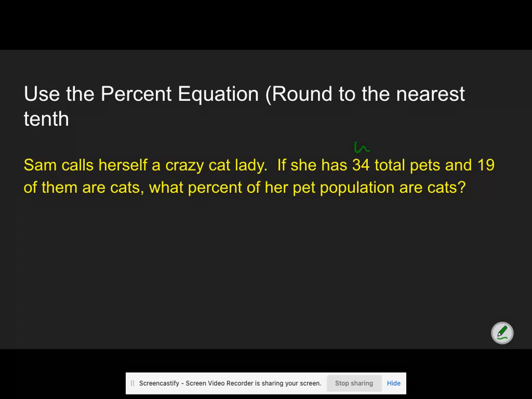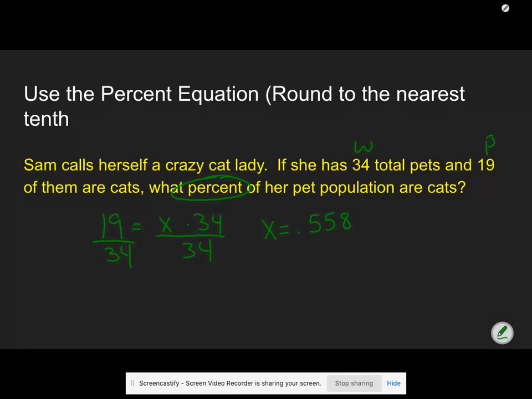34 total pets, that's my whole, so that makes 19 the part, and I'm looking for my percent. So part 19 equals x times 34. So I'm going to divide. x equals, if we type that into our calculator, 19 divided by 34, we get 0.558.